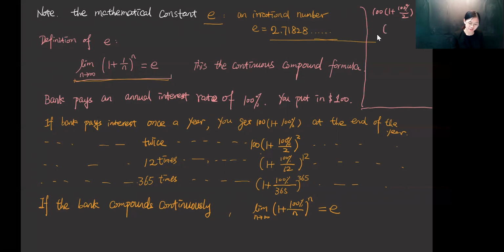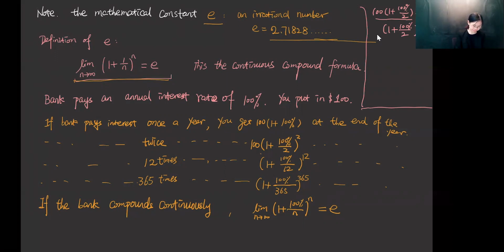So that's going to earn you an interest and also the principal will be back to you as well. So that's going to be your principal. And after 6 months, the principal and the interest becomes that times 1 plus 100% divided by 2.